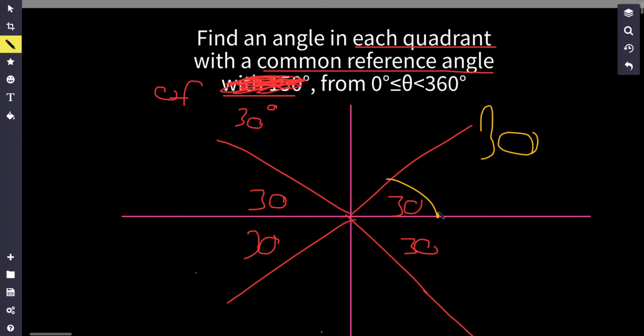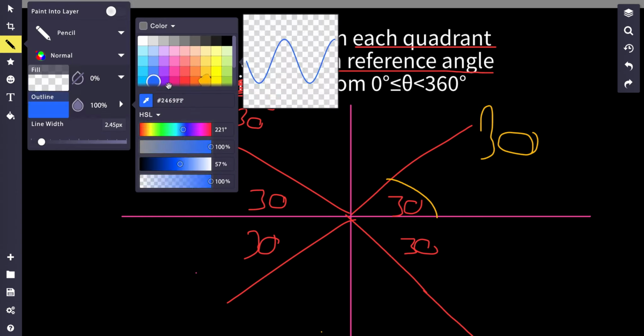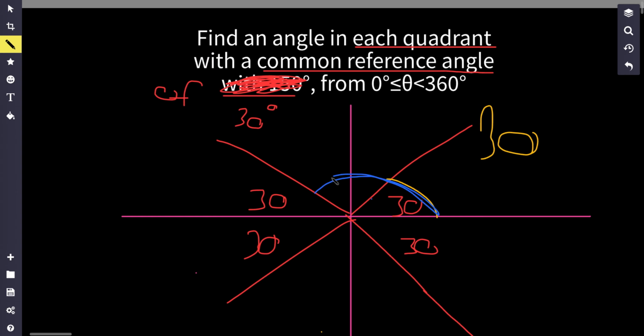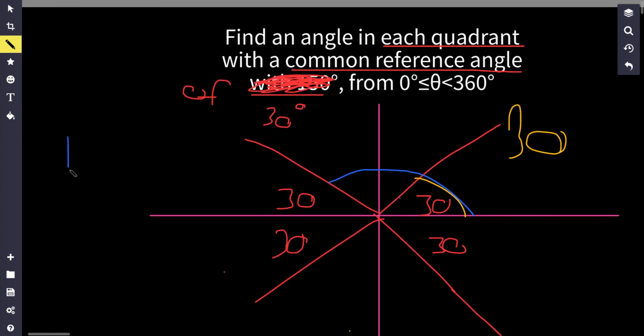For quadrant 2, the angle is going to be 180 minus 30, because this whole thing is 180, and we have the 30 over here, which gives us the remaining part of our angle. So 180 minus 30 is 150. That's for quadrant 2.